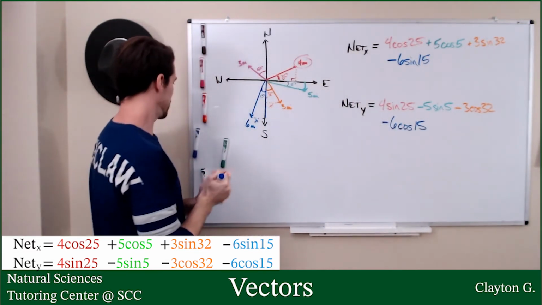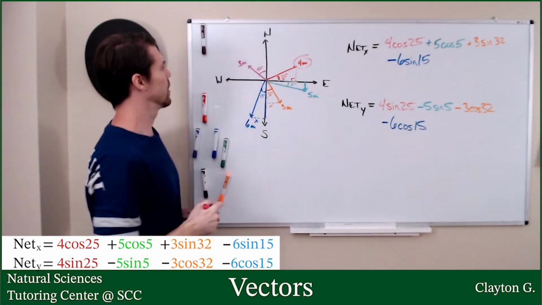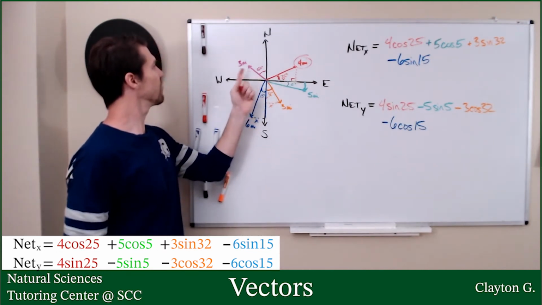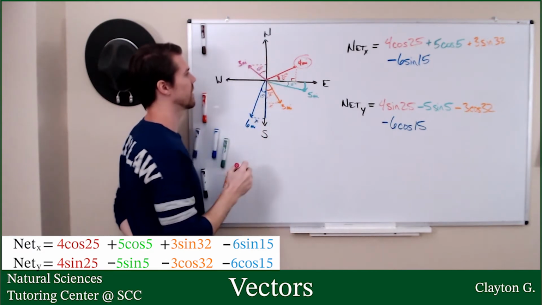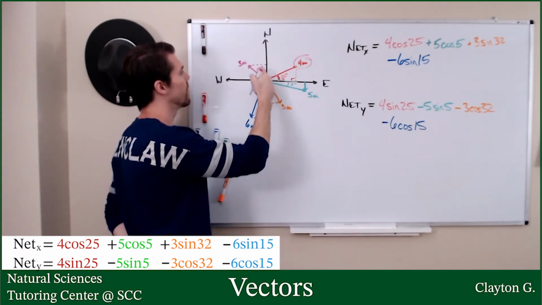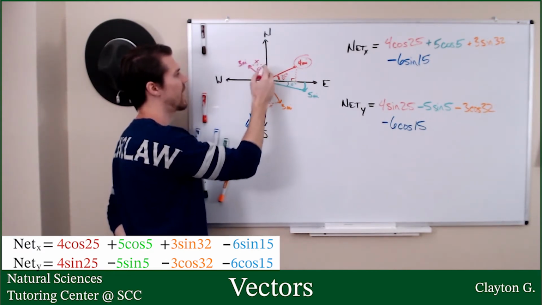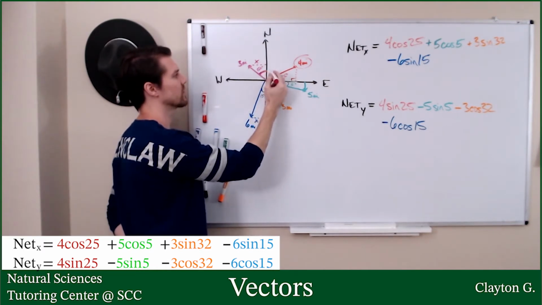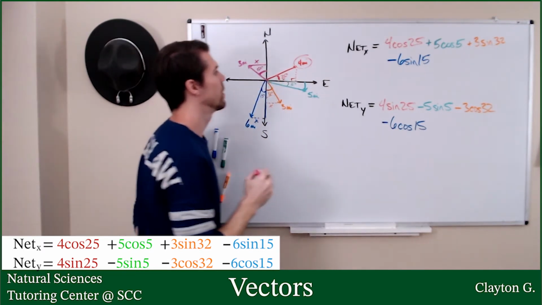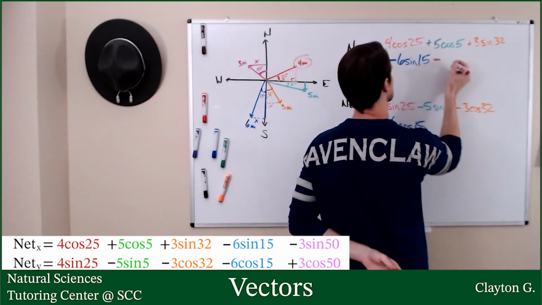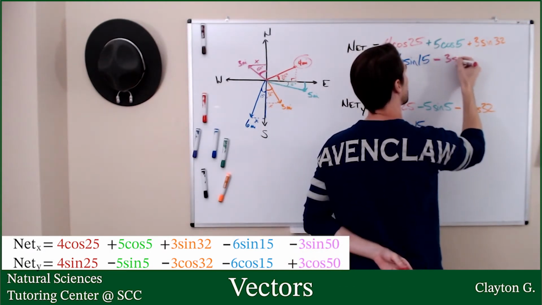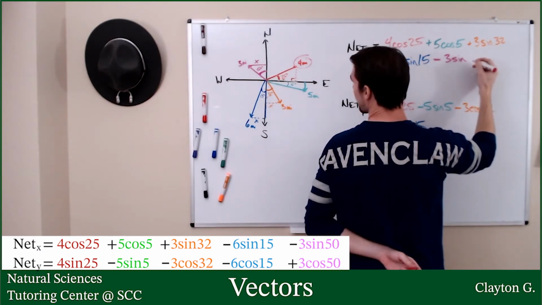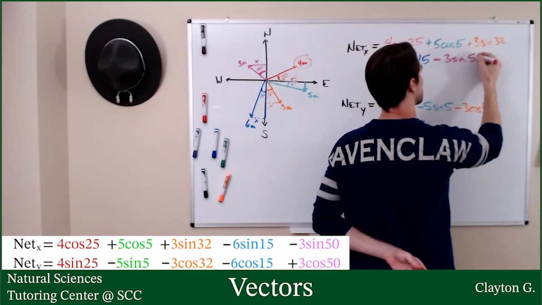Pink. Oh, it's the last one. All right, excellent. So now we have the x is in the negative direction once again. And this is the opposite side from our reference angle. Here's a reference angle. I want this side for x. So this is going to be minus, it's the opposite side, so 3 sine of 50 degrees.